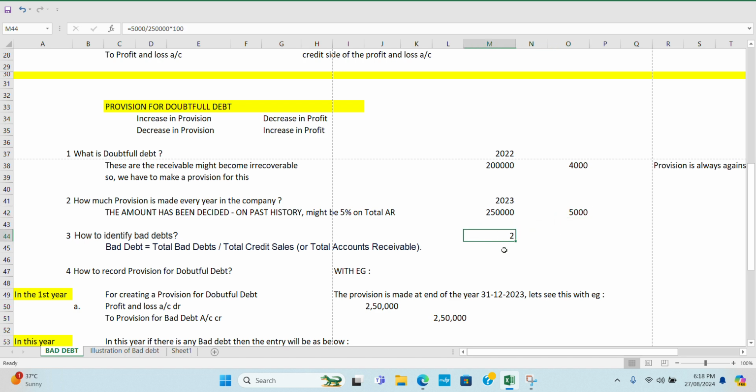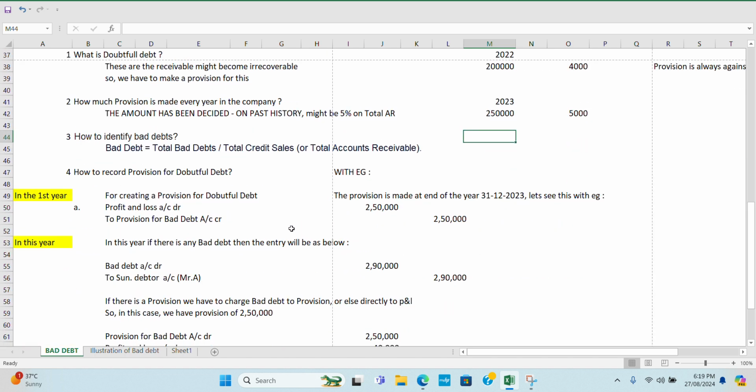That means 2%. You understood this? Bad debt is total bad debt divided by credit sale, into 100 to get the percentage, so that means 2%. So based on the payment history of bad debt, you make a provision.